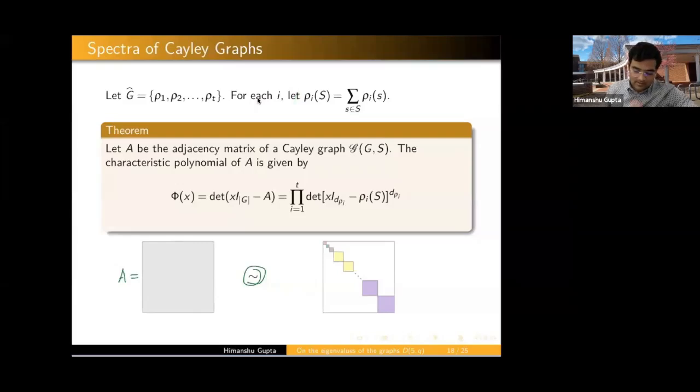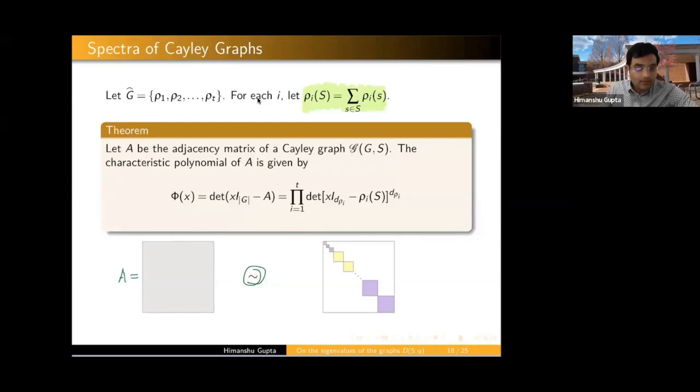Okay, so I'll say it again. I have some group G. Let's say I have all its irreducible representations, G hat, and for each irreducible representation, I'm going to define this matrix rho i of S, capital S, which is basically the summation over all the elements of the generating set of rho i of s.